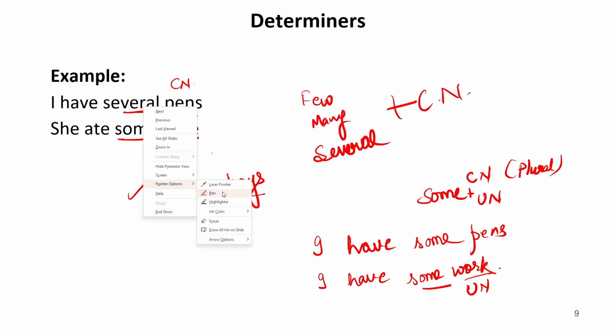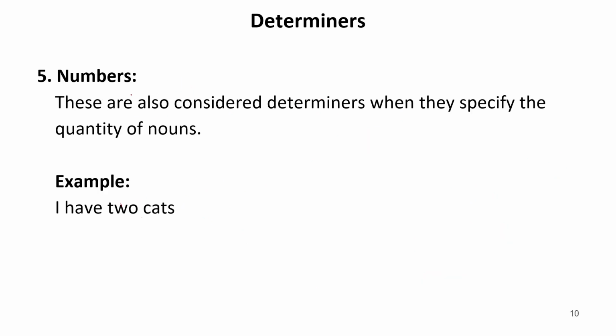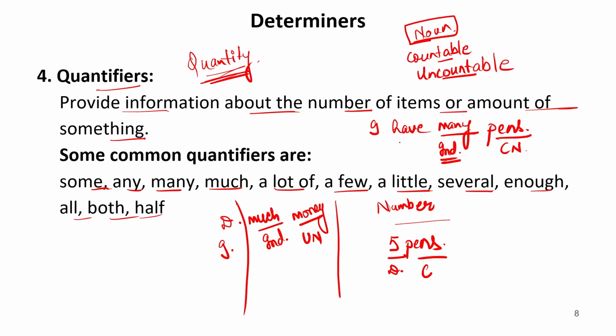Now these are quantifiers. Now let us move to the next one: numbers. When we show the numbers exactly, it means we are talking about definite countable nouns. Whereas in the case of quantifiers, we are talking about indefinite nouns, whether they are countable or uncountable.